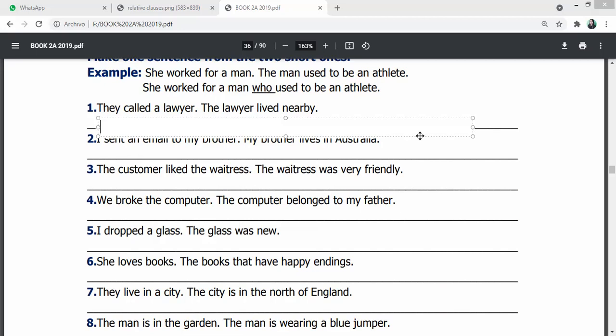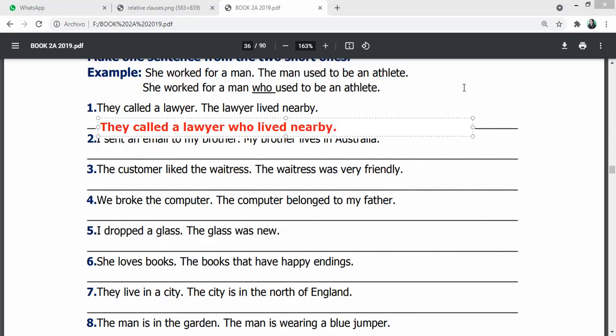They called a lawyer who lived nearby. Nearby means close.